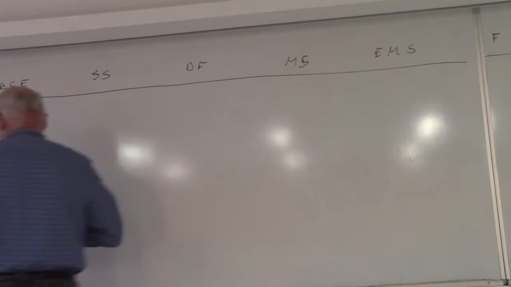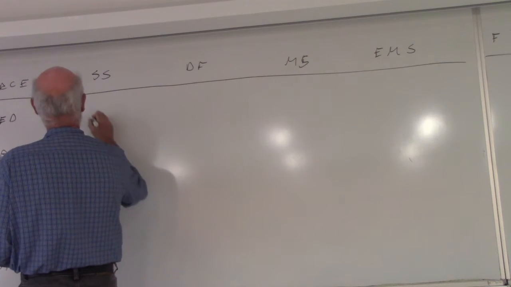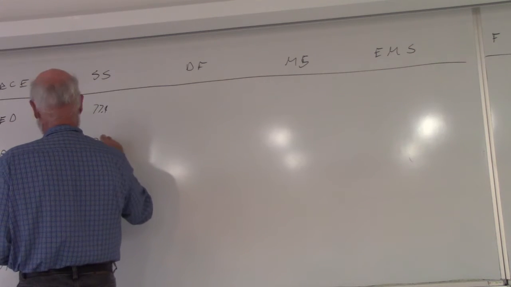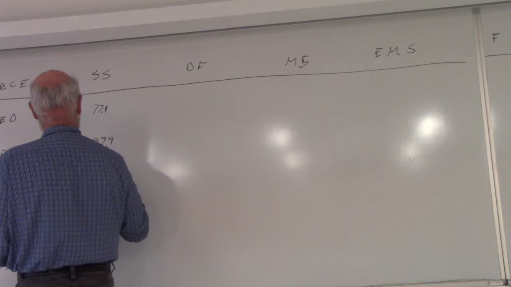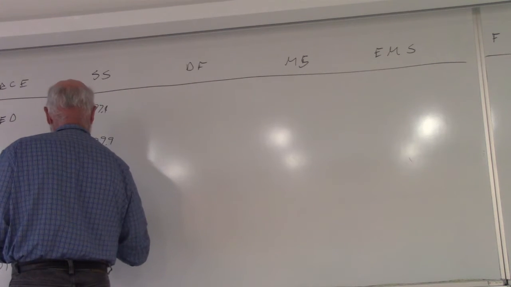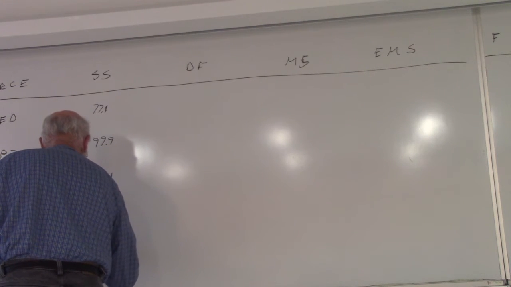For seeds the sum of squares is 77.4, then 99.9, 44.1, 22, and the total is 234.4.